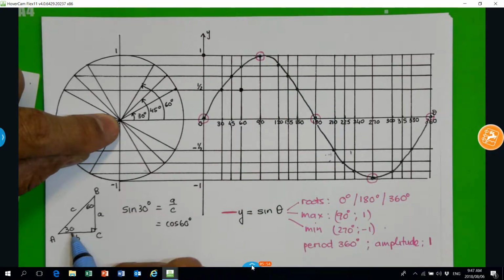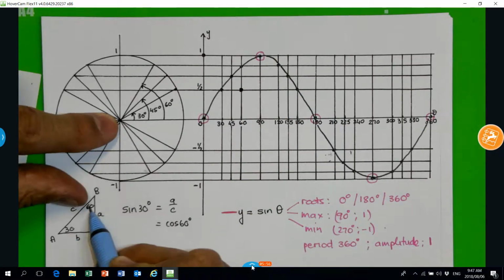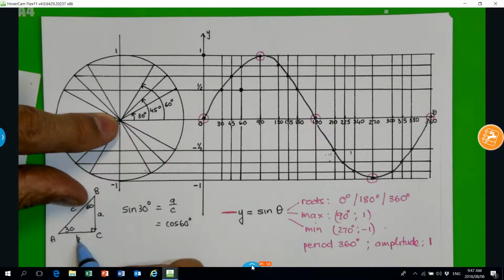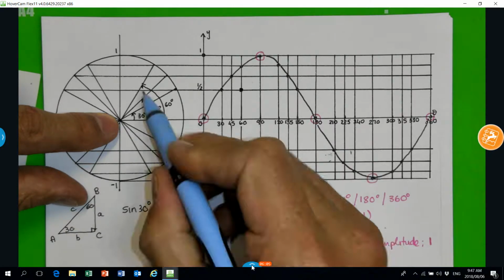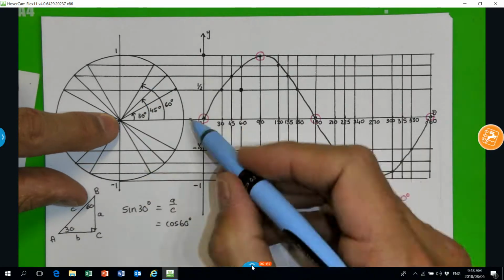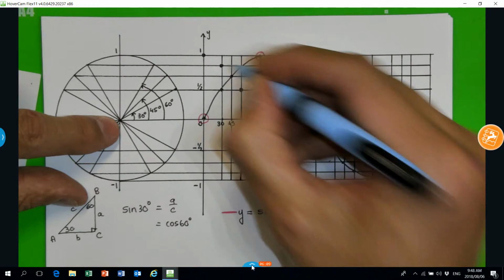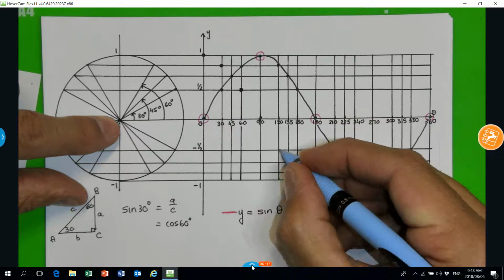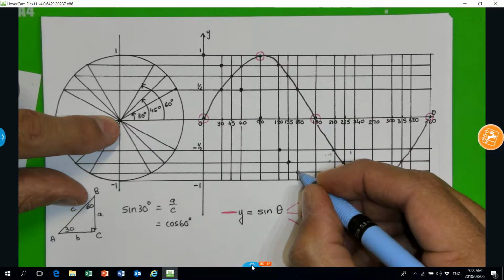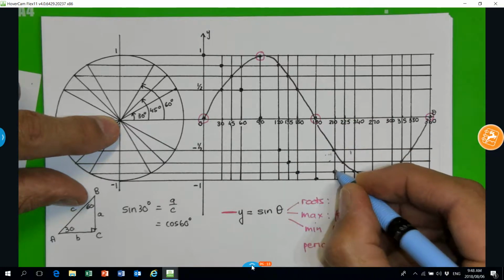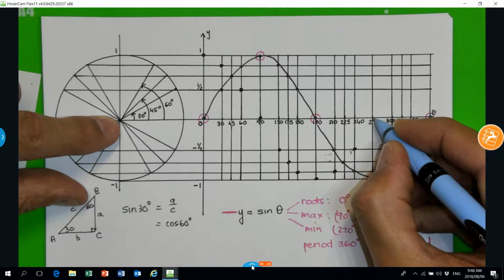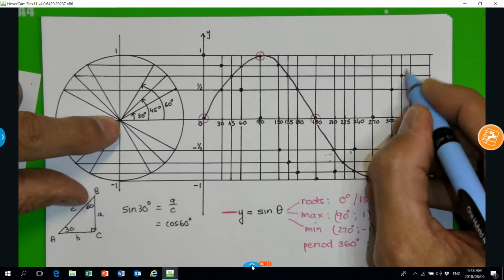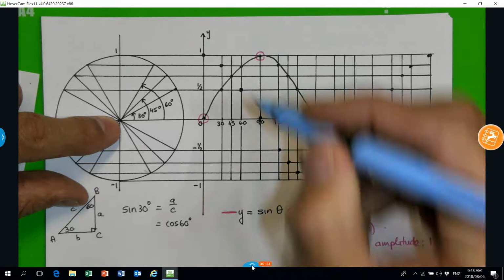And then the sine of 60 is opposite over hypotenuse, it's the same as the cosine of 30. So the sine of 60 is exactly what the cosine of 30 would be. Now if you follow that trend through the crossings over here, you can see where your cosine lies, or remind yourself where your cosine was lying on the Cartesian plane.